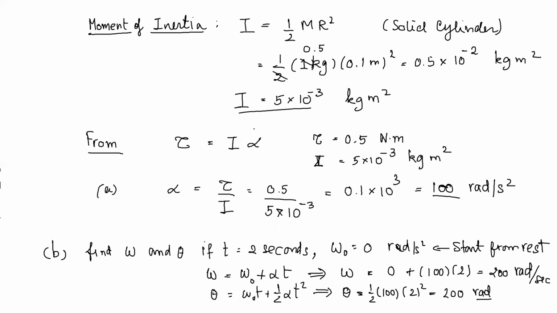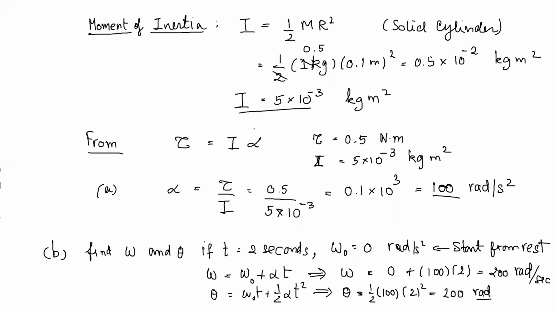So plug in the mass of 1 kilogram and the radius of 0.1 meters, and you have the moment of inertia of 0.5 times 10 to the minus 2 kilogram meter squared, or 5 times 10 to the minus 3 kilogram meter squared.